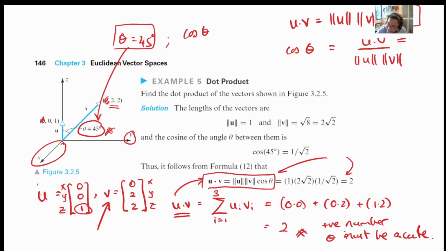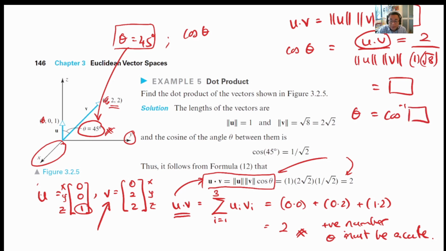Because we can use the component form of u dot v very quickly, we can calculate it, and we can also find the norm of u and norm of v quickly. We can also do it this way, leaving us with the value of cosine theta in this form. And then simply theta will be equal to cosine inverse of this value, and it should be 45 degrees, or pi over 4 in radians.